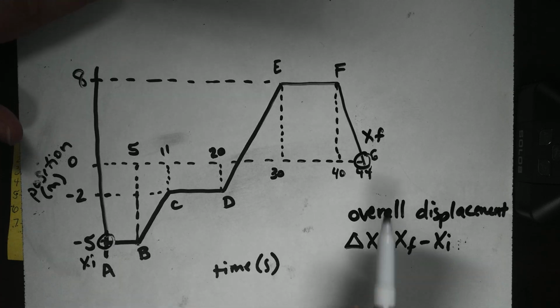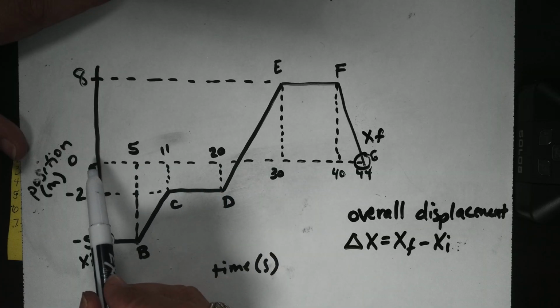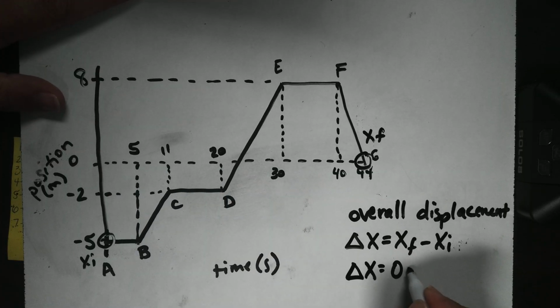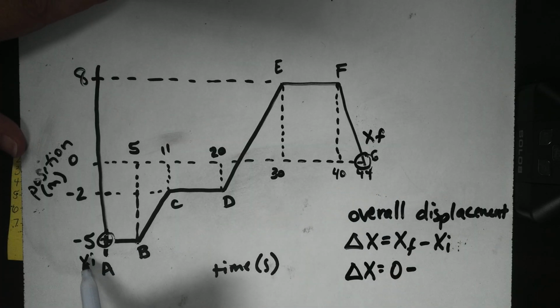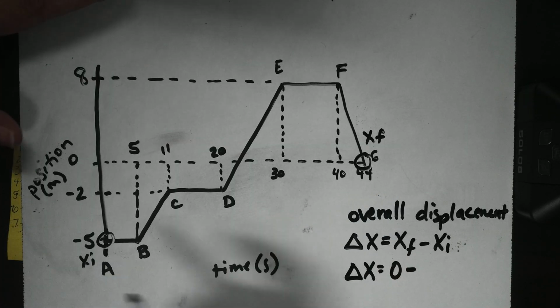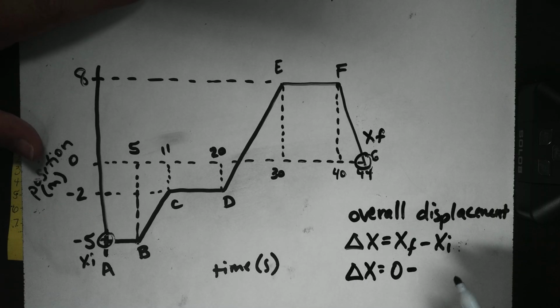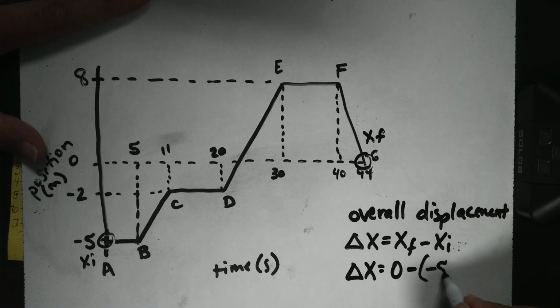So what is my position at X sub F? If I come all the way over here, I'm at 0. What is my position over here at X sub I, my initial position? I am at -5. So notice I've got 0 minus, and I can put in parentheses what is X sub I? -5.